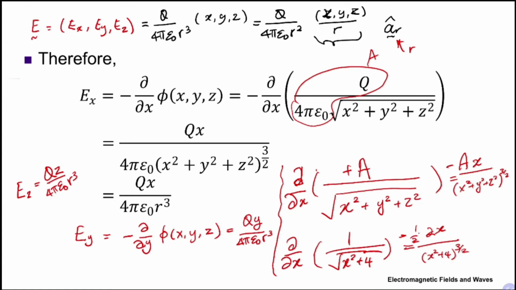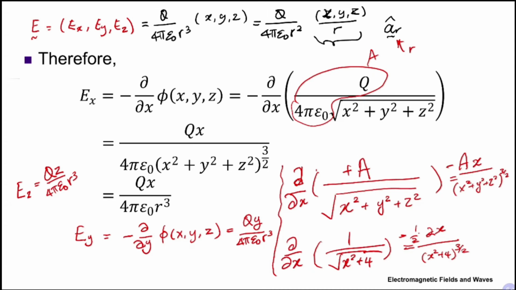So we start from the potential of a point charge, take the negative gradient of that, and we get back our electric field, which is the same as what we derived from Coulomb's law very early on.